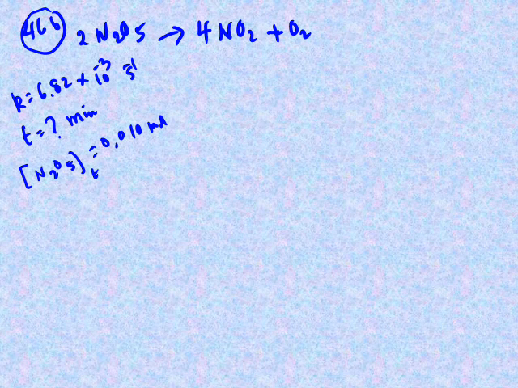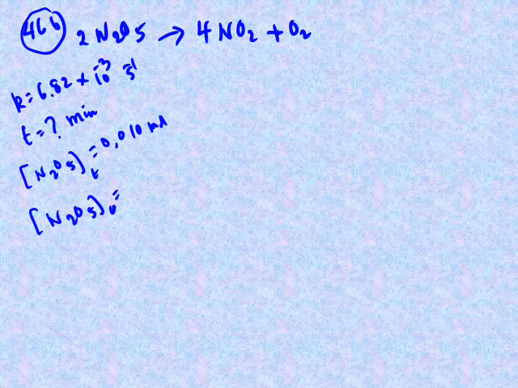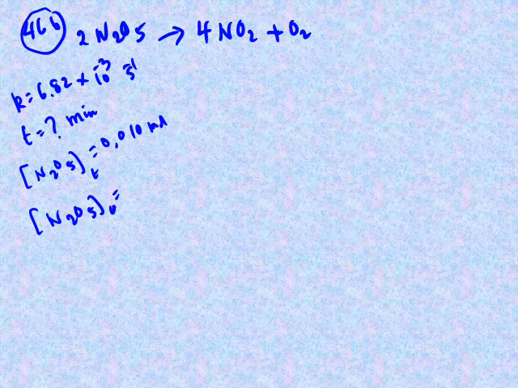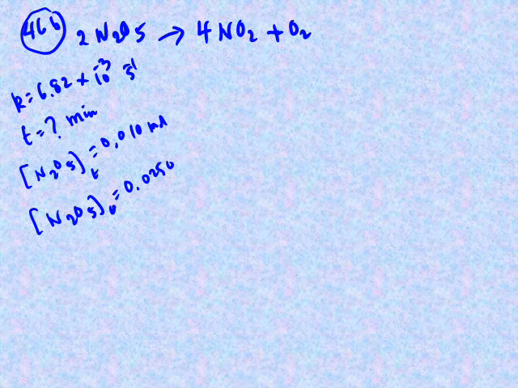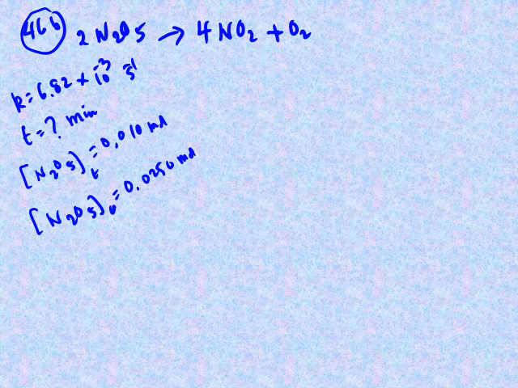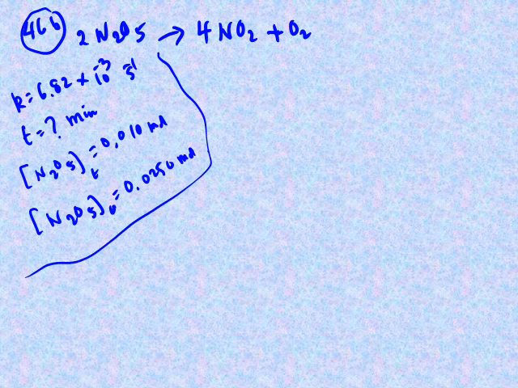From obviously the initial value, so we also write down the initial value. N2O5 initial, again given in the question, was 0.0250 mole. So here are all the given values, and based on that we can find out the time.